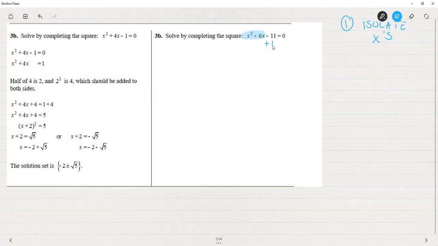To move the negative 11, I can add 11 to both sides. So I have x squared minus 6x equals 11. Now I'm going to save myself a little bit of trouble here by leaving a little space here, because the next step is going to be to add that magic number, that number that makes this a perfect square. What is that number?